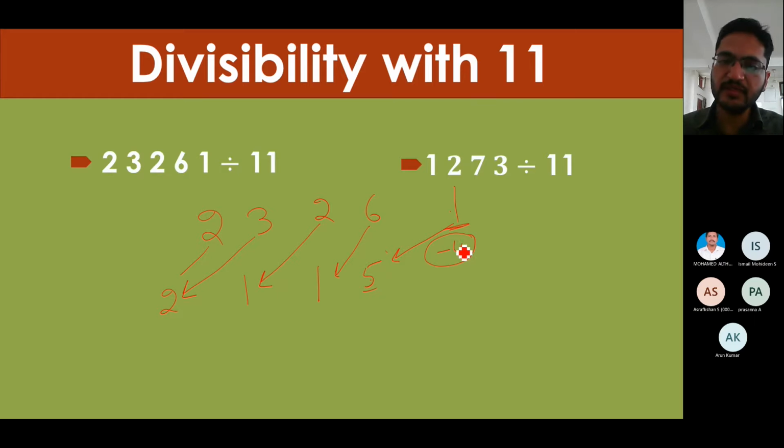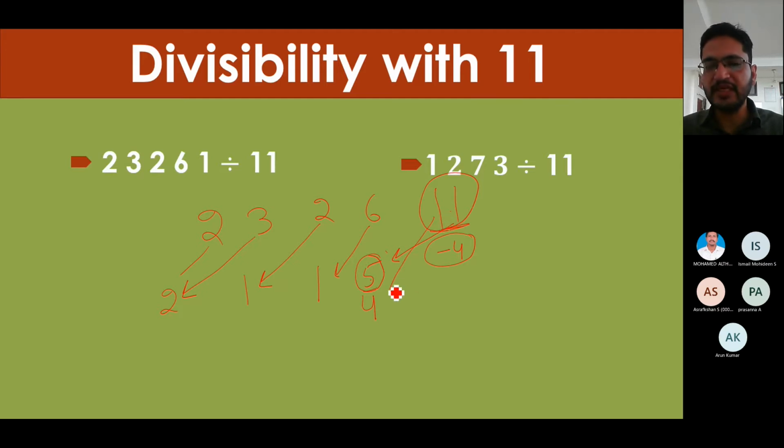Now this is important. Whenever we get a negative number, we will take 1 from the previous number, and this will become 4. By taking 1 from this number, I will write this 1 in front of this number, so it will become 11.